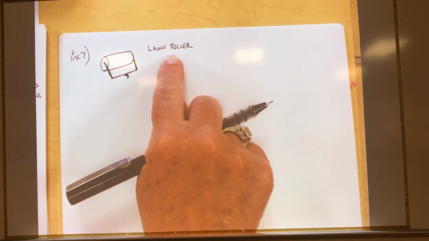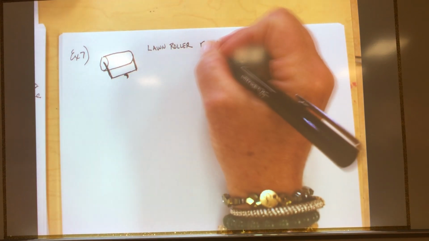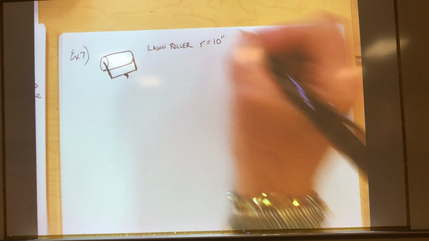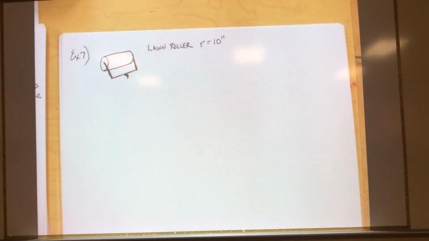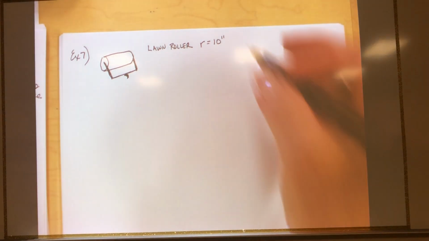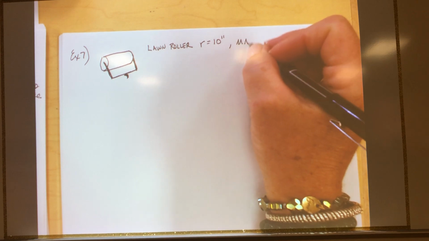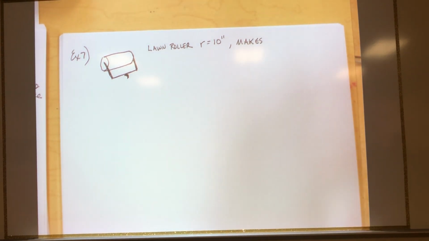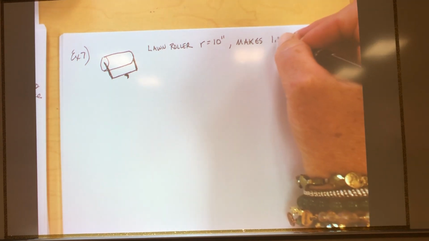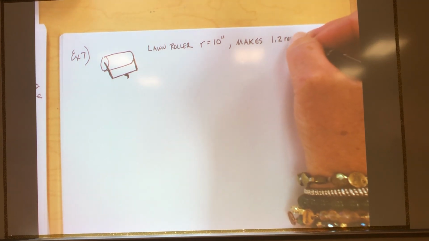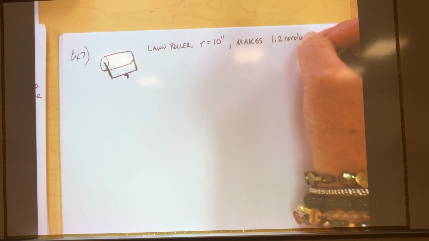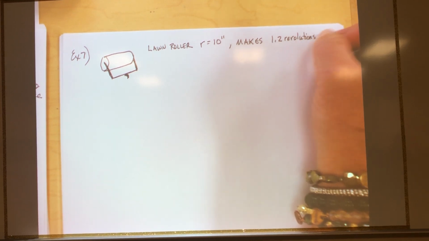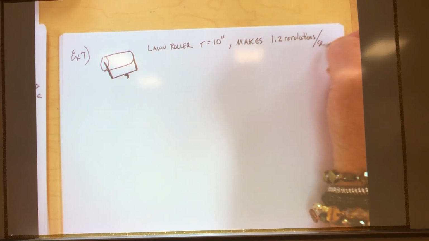So you have a lawn roller. The radius of the lawn roller is 10 inches, okay? It makes, you could call this like its speed or something, 1.2 revolutions per second.